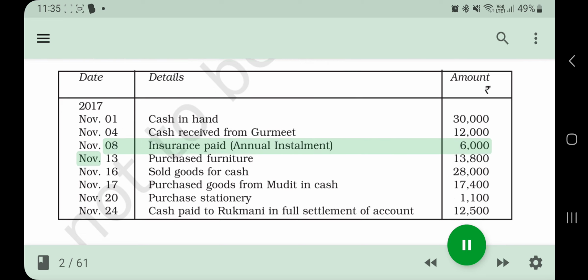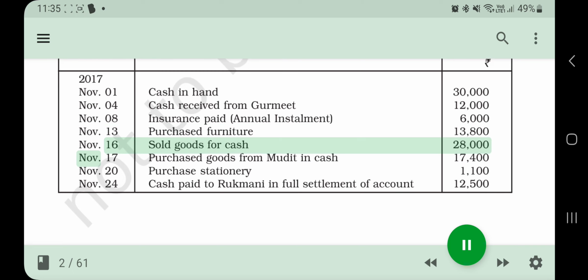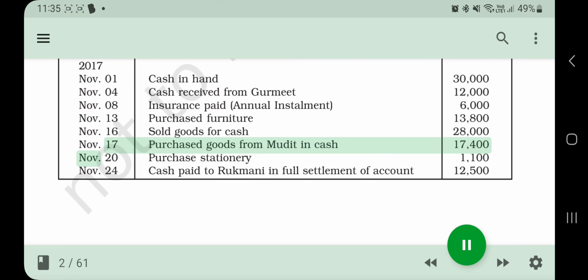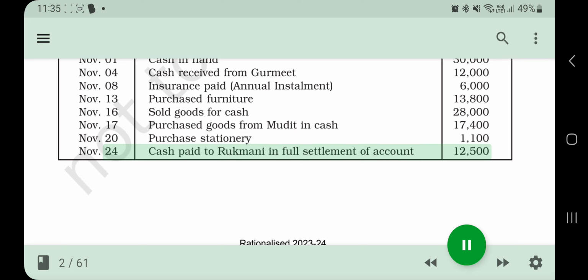November 8: insurance paid, annual installment, 6,000. November 13: purchased furniture 13,800. November 16: sold goods for cash 28,000. November 17: purchased goods from Mudit in cash 17,400. November 20: purchased stationery 1,100. November 24: cash paid to Rukmani in full settlement of account 12,500.